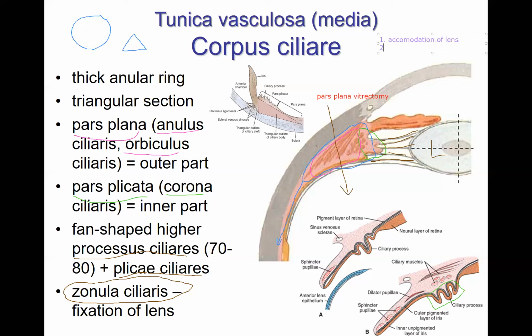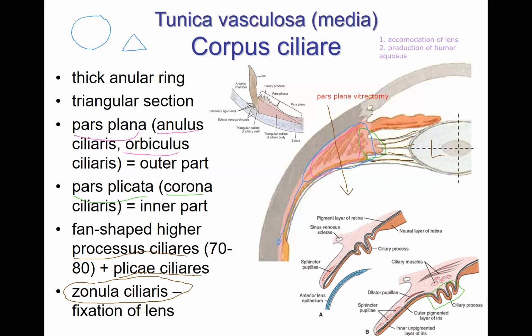The other function is production of humor aquosus, intraocular fluid. It's produced from plasma by transudation into the space.